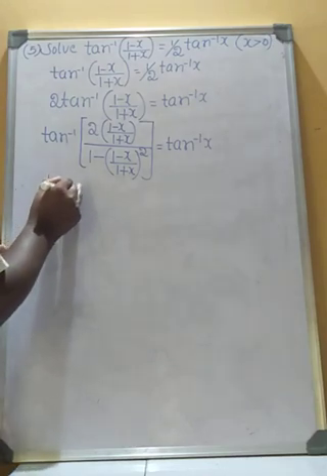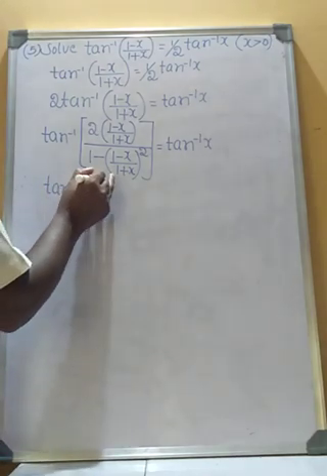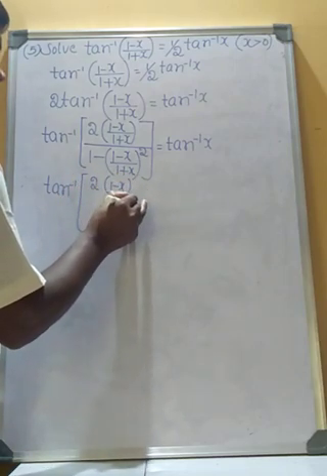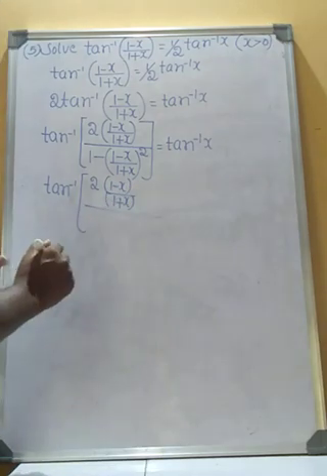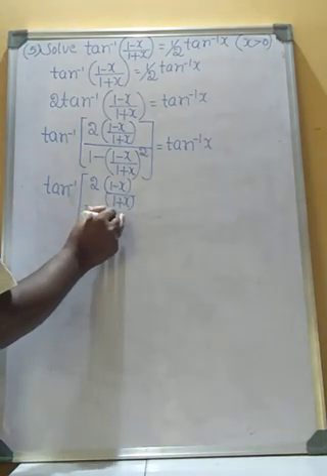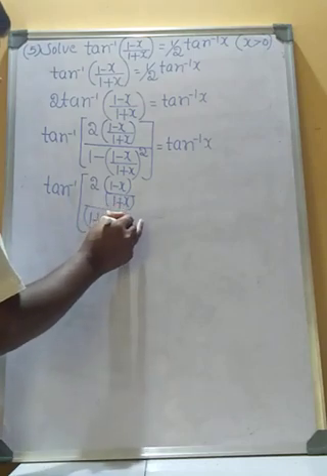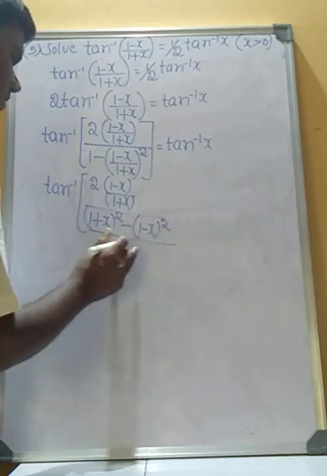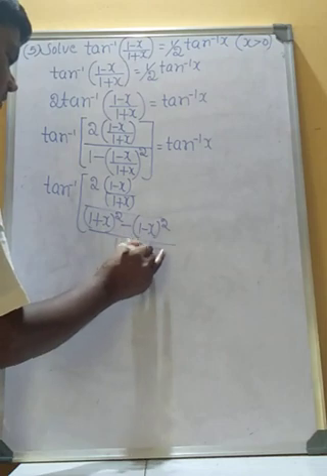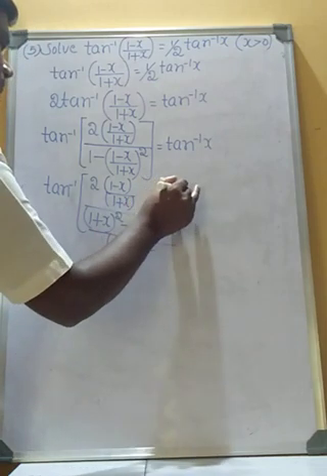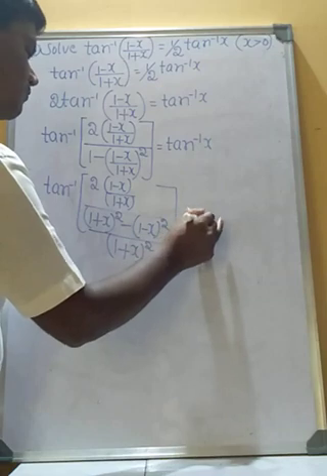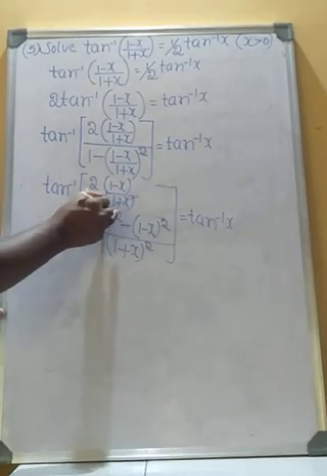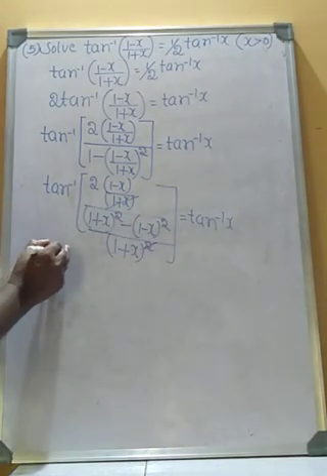Tan inverse of 2 into (1 minus x) divided by (1 plus x), whole divided by ((1 plus x) whole square minus (1 minus x) whole square) divided by (1 plus x) whole square, is equal to tan inverse x. (1 plus x) gets cancelled.